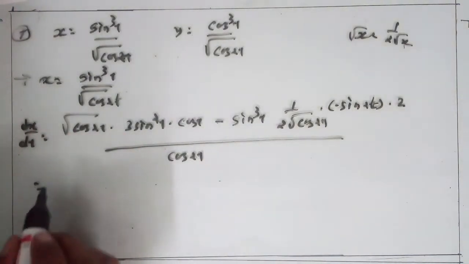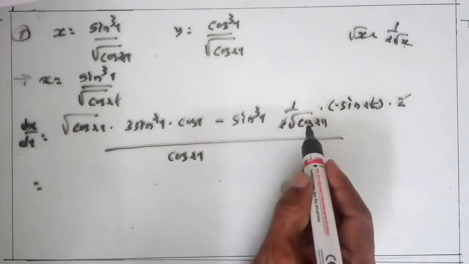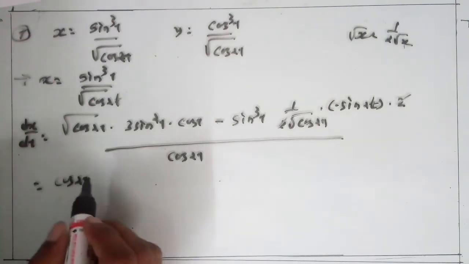Clear? Now simplify this. Here the 2 from both cancel. Root cos 2t, take LCM, so we get cos 2t.